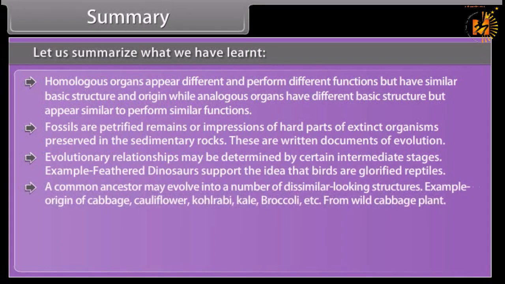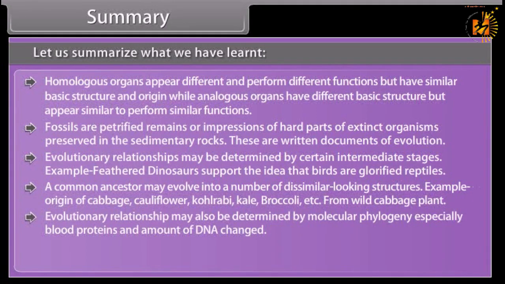A common ancestor may evolve into a number of dissimilar-looking structures. Example: origin of cabbage, cauliflower, kohlrabi, kale, broccoli, etc. from the wild cabbage plant. Evolutionary relationship may also be determined by molecular phylogeny, especially blood proteins and amount of DNA changed.